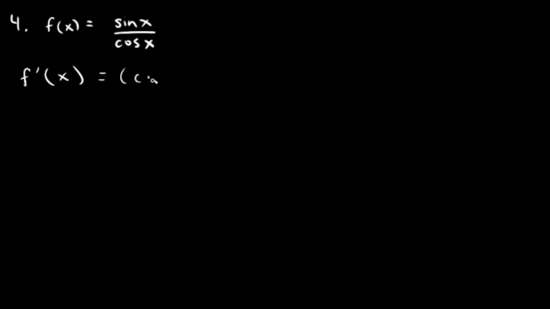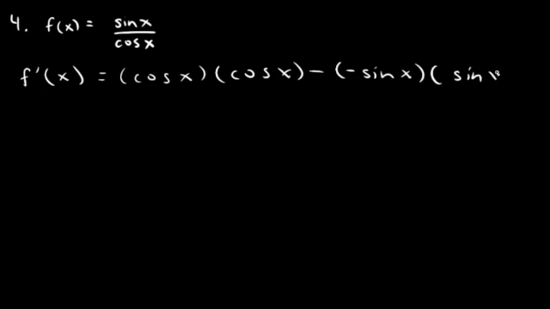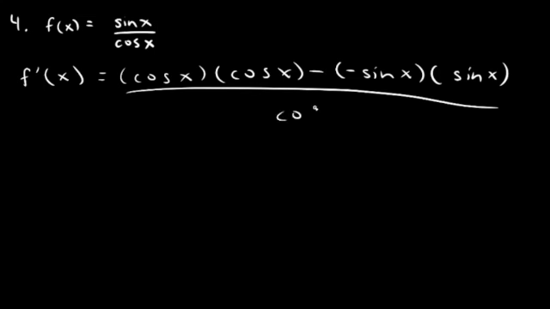So cosine x times the derivative of sine x, which is cosine x, minus the derivative of cosine x, which is negative sine x, times sine x, all over cosine squared x.